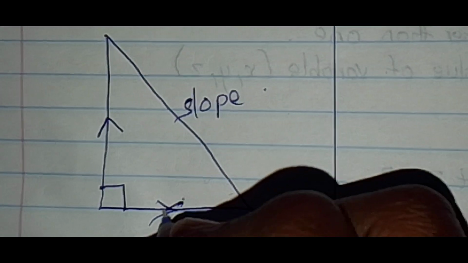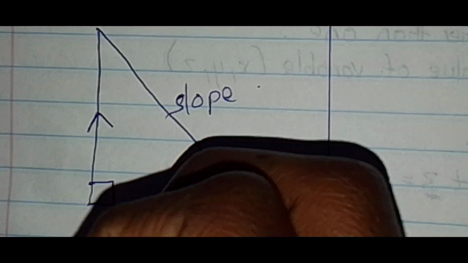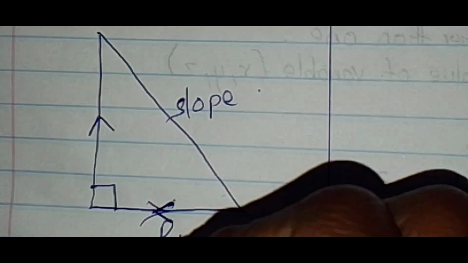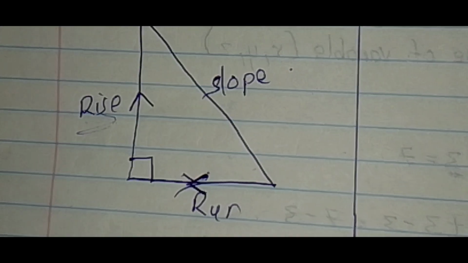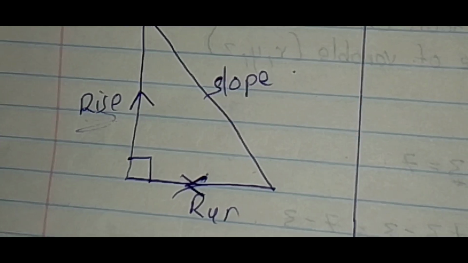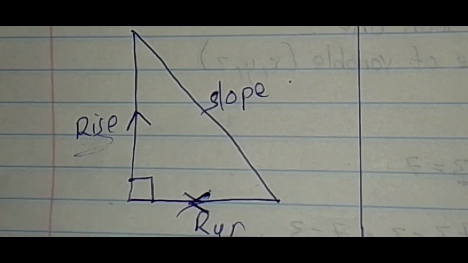Then here is known as run, here is known as rise in a Cartesian plane. Here is the horizontal, while here is the vertical.